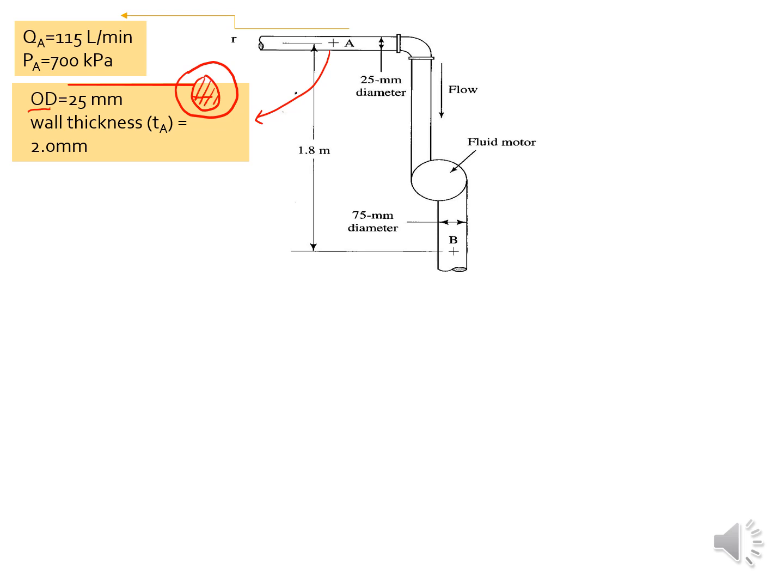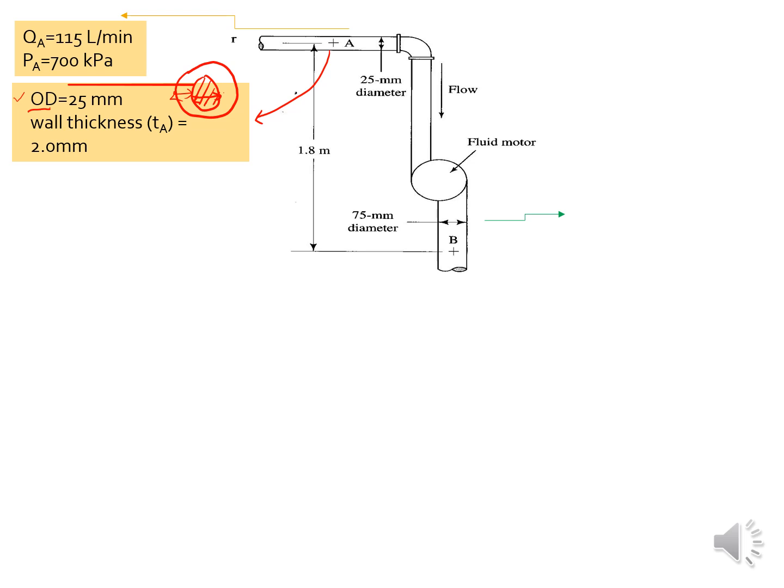So we are looking for the inside diameter, but it didn't provide us the inside diameter, just the outside diameter and the thickness. However, you can get the inside diameter by using the outside diameter and the wall thickness. The wall thickness is on each side, 2 millimeter.